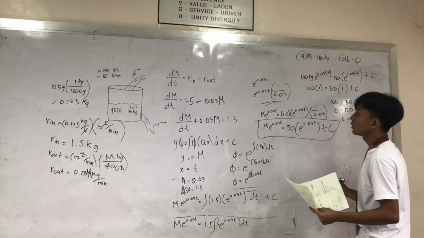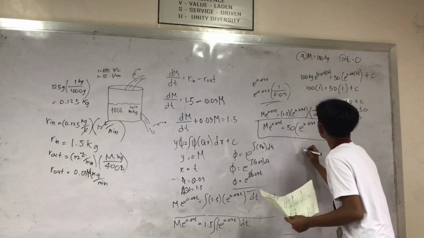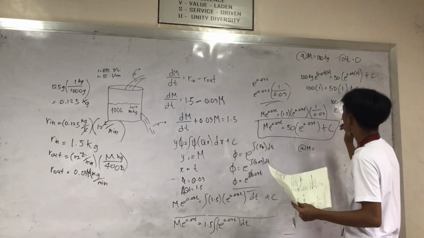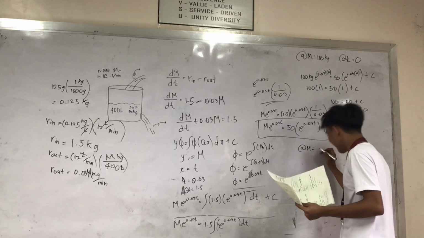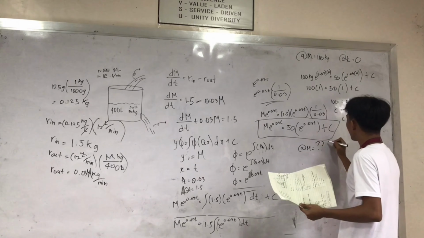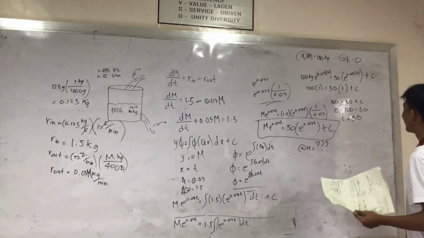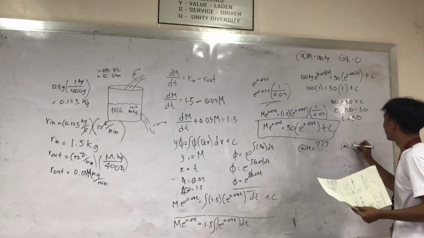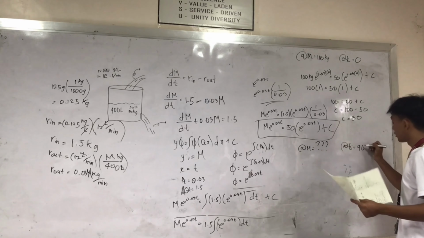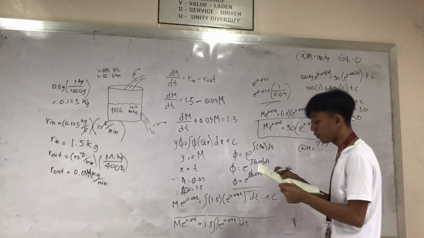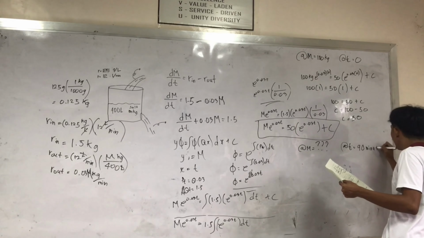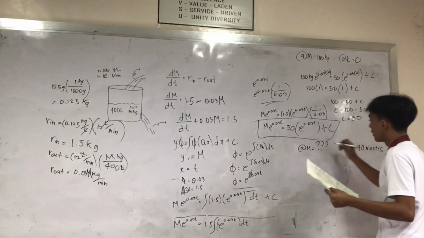Next is to substitute it on the next values. At M, find the M. The M is the missing. Time 90 minutes. The problem says to find the amount of salt at the end of 90 minutes. So we will find the amount of salt in this time.